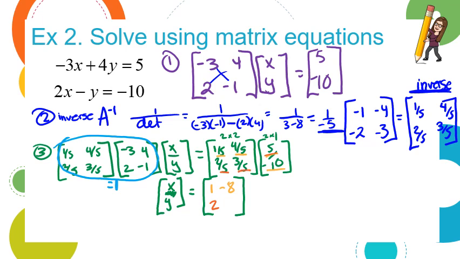And I need 3/5 times -10, which is -30 over 5, which is actually just -6. So my solution is x, y. If I simplify this, I end up with -7 and -4. So see how that worked out nice and tidy.